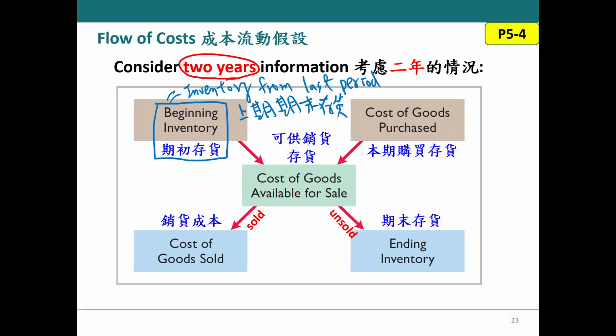But we think the inventories on first day is not enough for us to do the business, right? So this year, we still buy some inventory from suppliers, okay? So cost of goods purchased, so means what? This inventory we purchase this period.